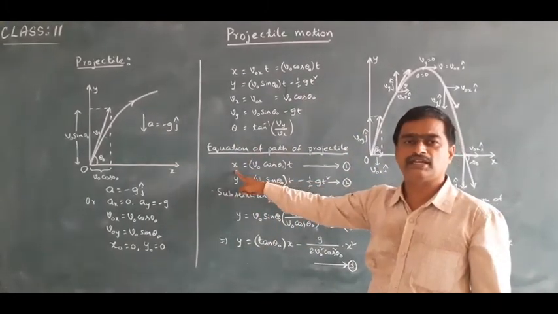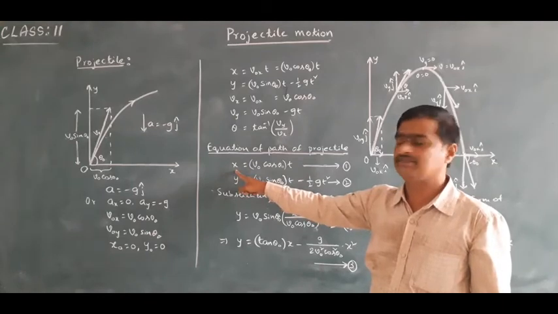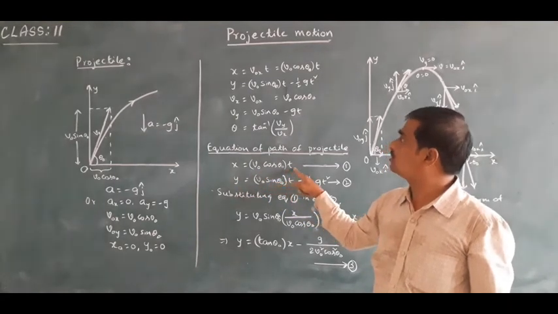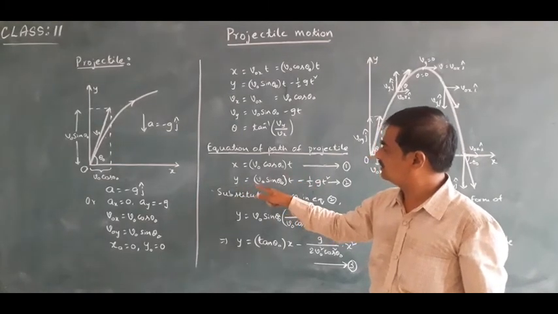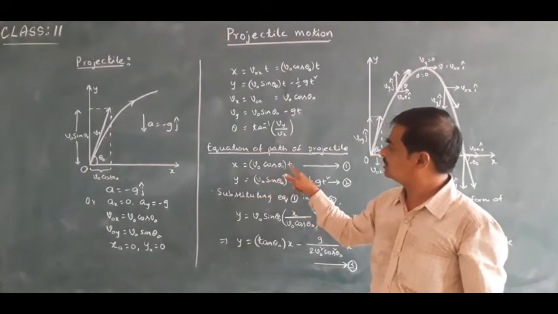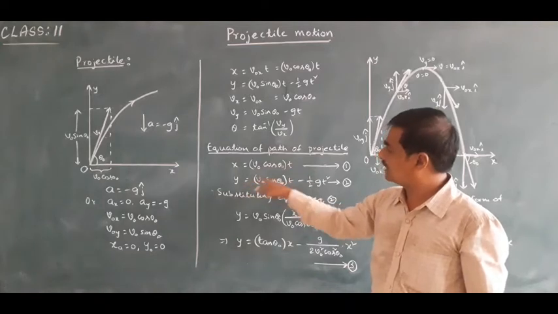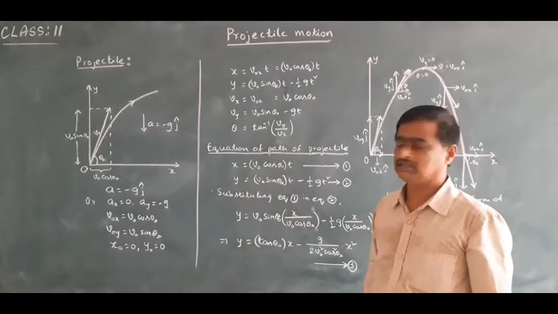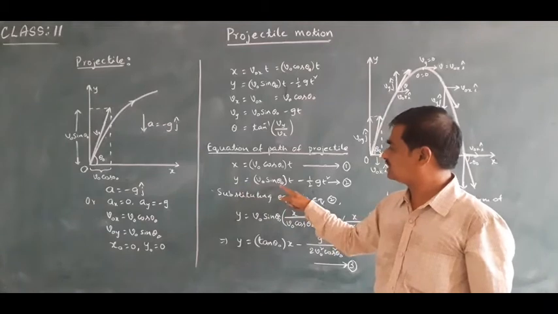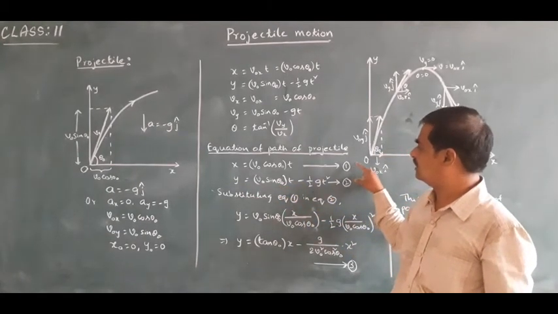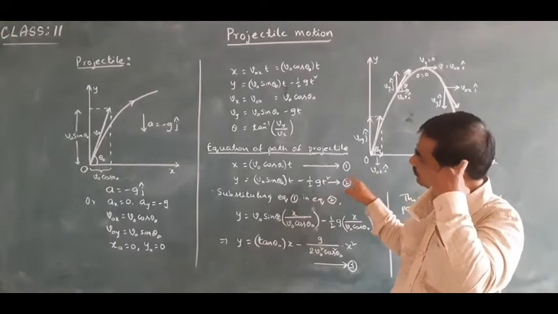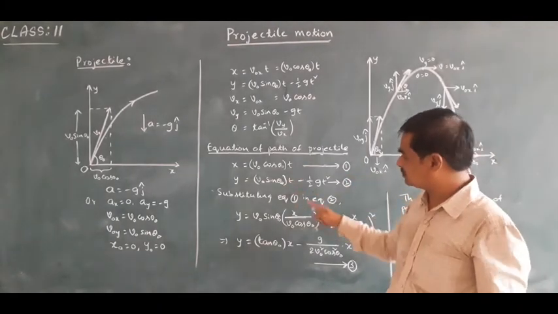At any position, the value of x is given by v naught cos theta naught t. y is given by, at any instant of time, y is equal to v naught sin theta naught t minus half g t square. We call these equations 1 and 2.